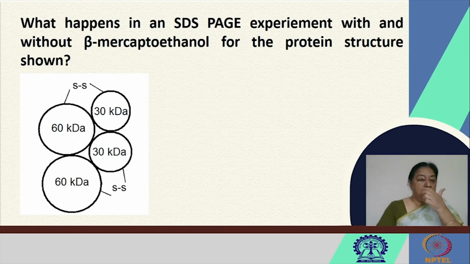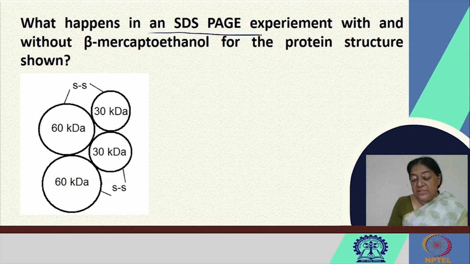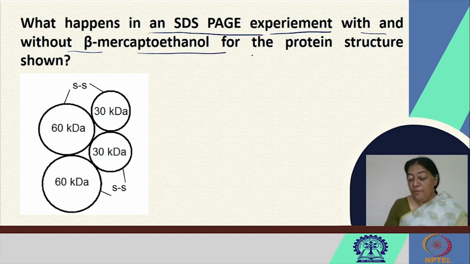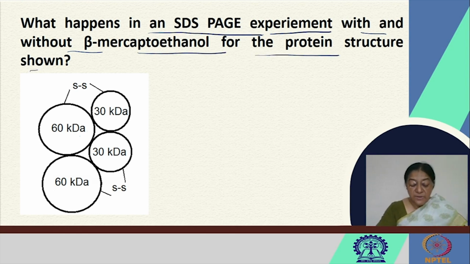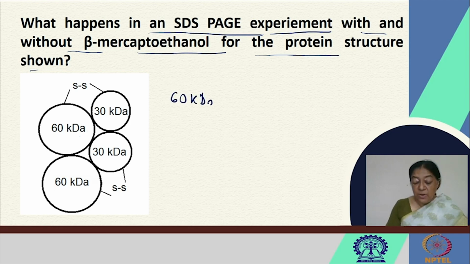In a specific problem that we will now look at, the question that has been asked is what happens in an SDS-PAGE experiment with and without beta-mercaptoethanol for the protein structure shown. In this protein structure, we see that there is a 60 kilodalton subunit and a 30 kilodalton subunit.